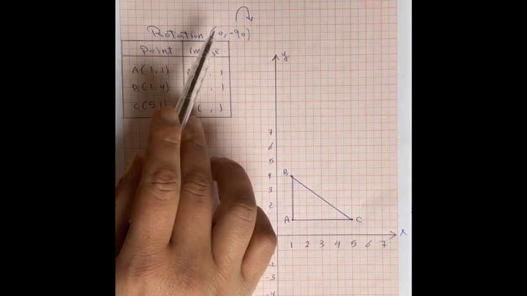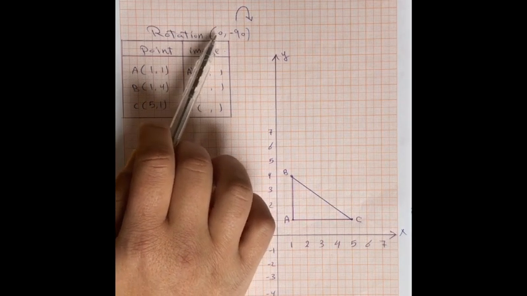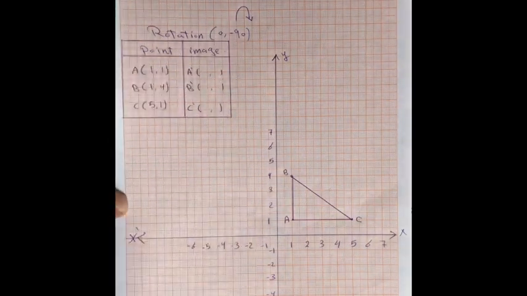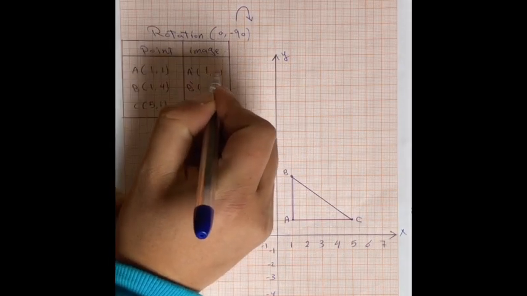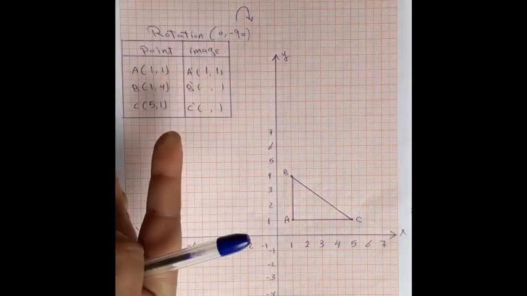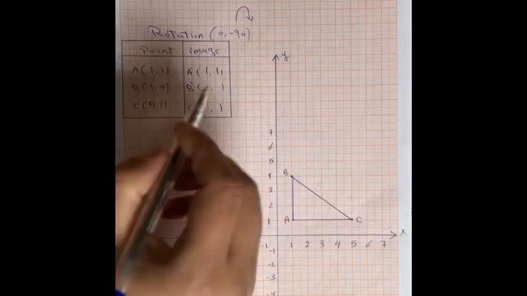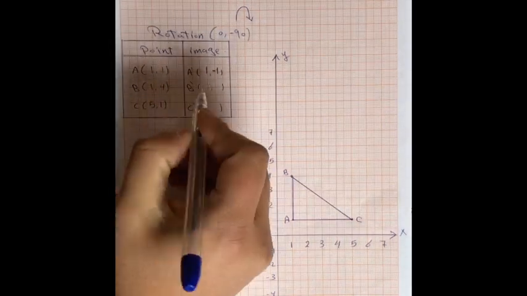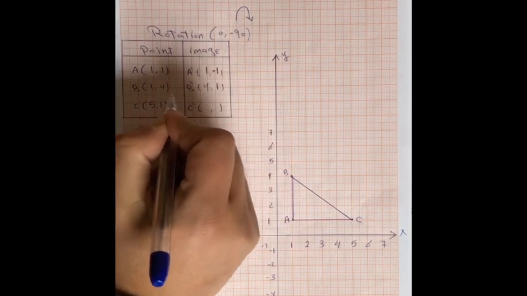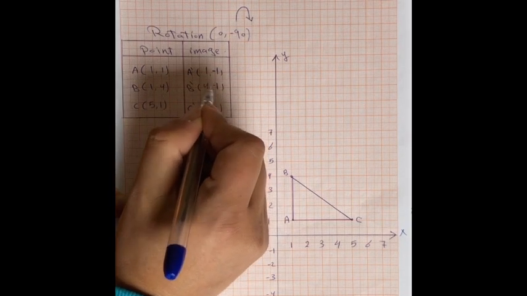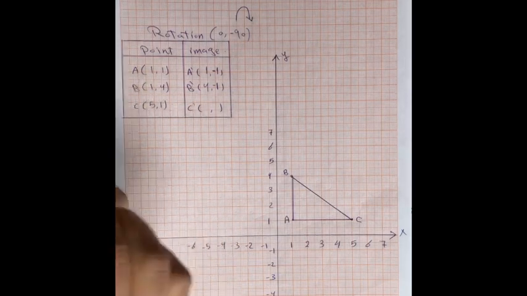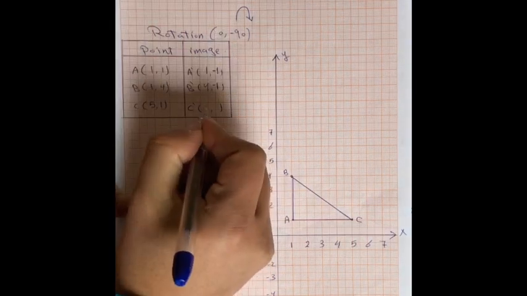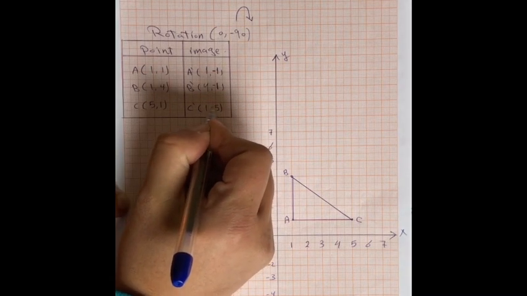So the rule when we find the image using rotation (0, -90 degrees): first we flip the coordinates, so (1, 1) stays (1, 1), and then we change the sign of the second one, so it is (1, -1). For (1, 4), we flip it first, it's going to be (4, 1), and we change the sign of the y, so it's going to be (4, -1). The third one, C (5, 1): first flip, (1, 5), then change the sign.